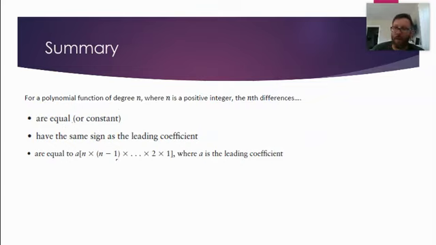A nice way of writing n times n minus 1 all the way down to 1 is this: instead of writing that big string of multiplications, you can just write n with an exclamation point, and this means n factorial. So for example, 5 factorial is equal to 5 times 4 times 3 times 2, all the way down to 1.